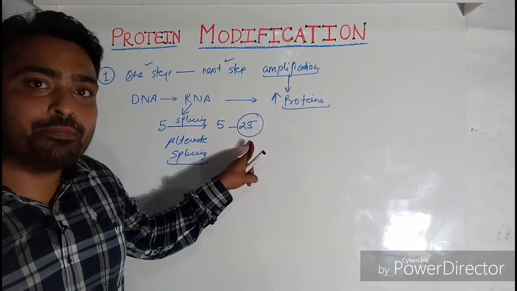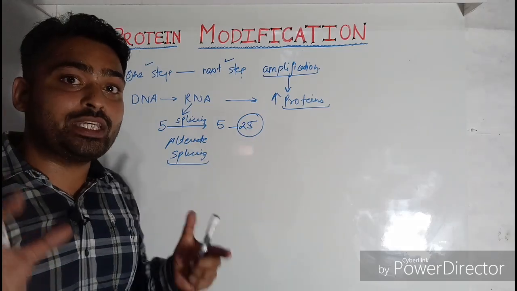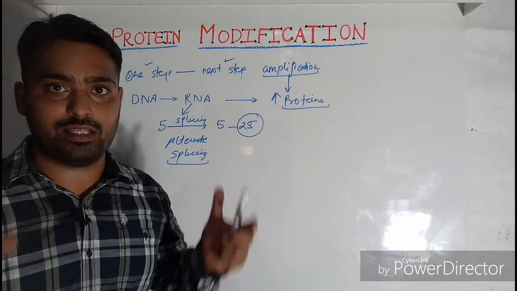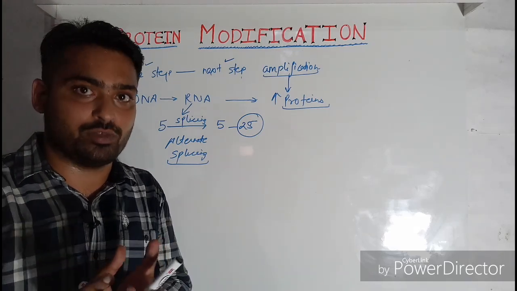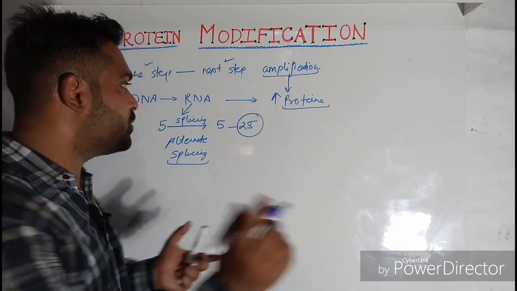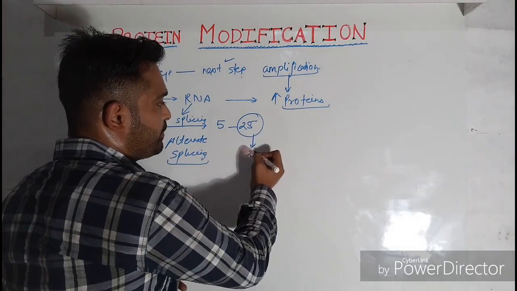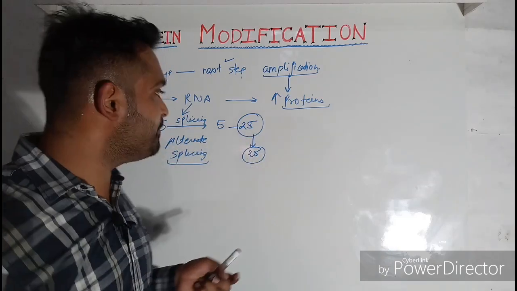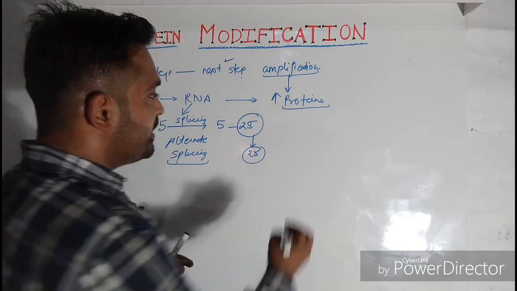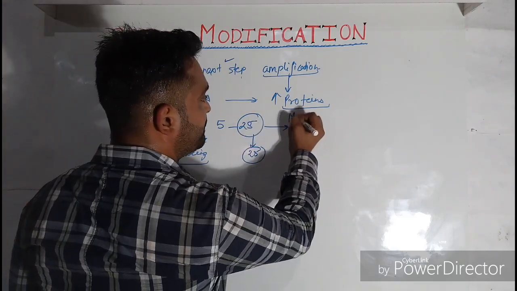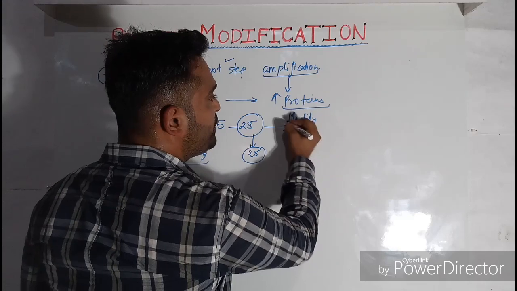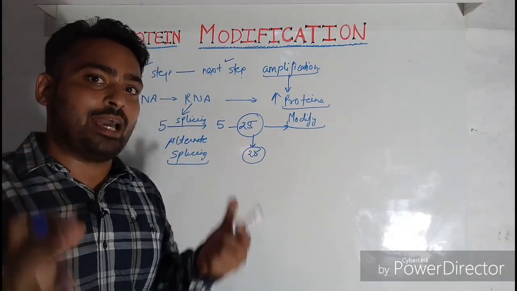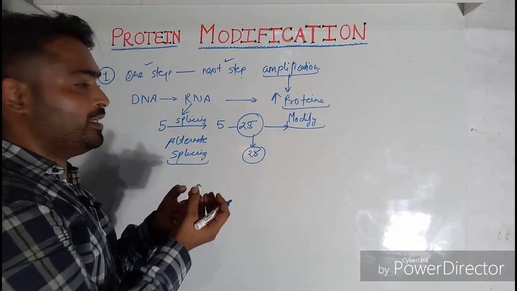But these 25 proteins are not enough to carry out many functions of the cell. The cell is burdened with too much hard work. There are too many functions which cannot be carried out by these 25 proteins. Actually there are not 25 proteins, I am just assuming this. So what we do is we modify them, we make changes in them by adding some chemical groups or removing some of the amino acids.